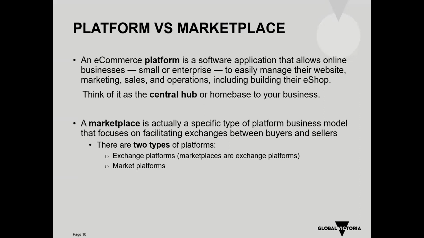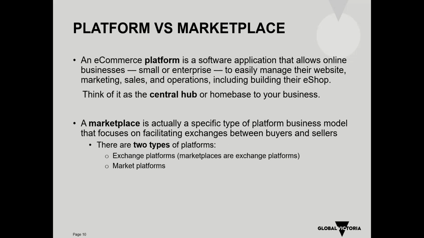Now, by contrast, a marketplace is a specific type of platform business model that focuses on facilitating exchanges between buyers and sellers. And there are two types of platforms: exchange platforms and market platforms.